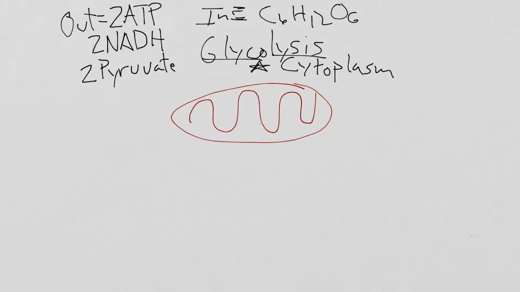Okay, now that might be confusing. It's a word that you've never heard before, but really all I want you to know is that it is a 3-carbon molecule. So we went from a 6-carbon molecule here, and now we have two 3-carbon molecules here. Okay, and we ended up with a little bit of this and some of these.